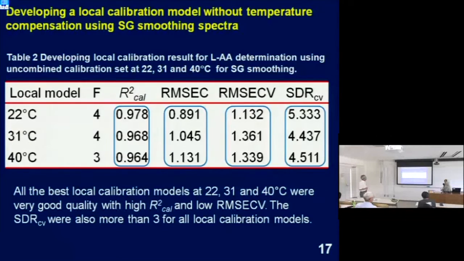So with one temperature, you cannot have temperature compensation because there's only one.